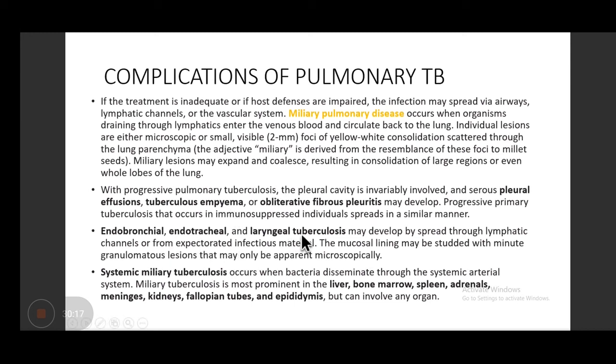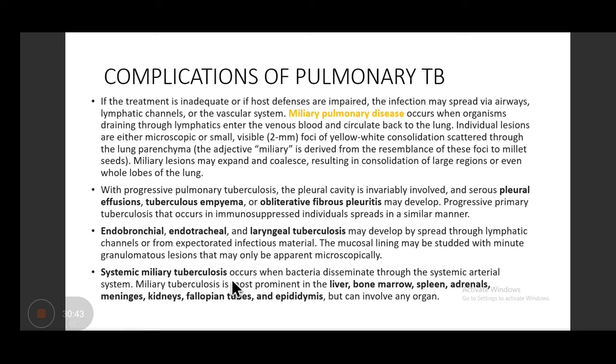Then endobronchial, endotracheal, and laryngeal TB can also develop by spread through lymphatic channels or from expectorated infectious material. The mucosal lining may be studded with minute granulomatous lesions that may only be apparent microscopically. Then systemic miliary tuberculosis occurs when bacteria disseminate through the systemic arterial system.